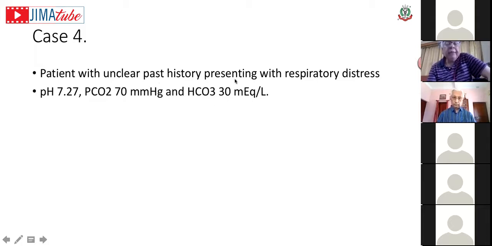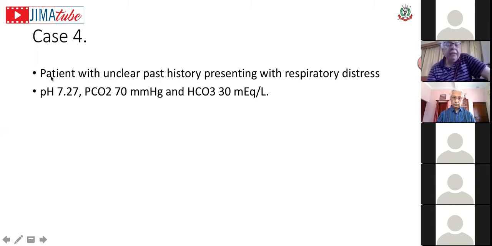All three would explain this kind of blood gas. The bicarb might be plus or minus 2 here and there, but that is the way to interpret these blood gases. So the main message from these two examples is: don't go by the numbers in the blood gas. Look at the patient. There are so many ways you can explain this.